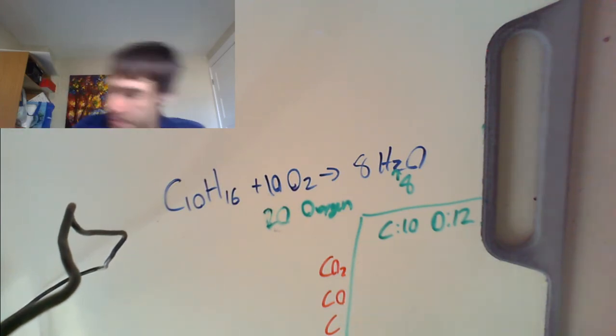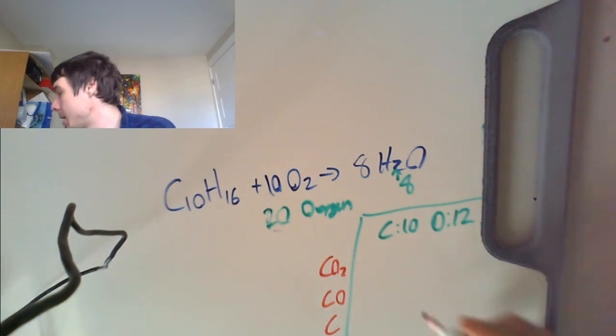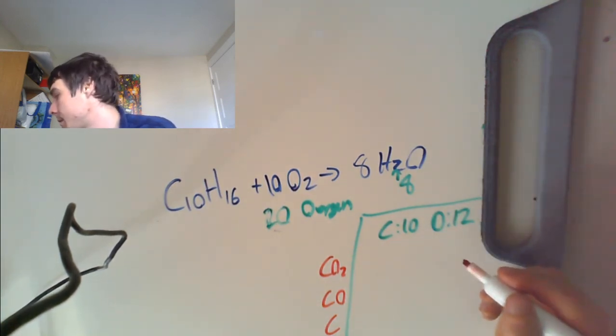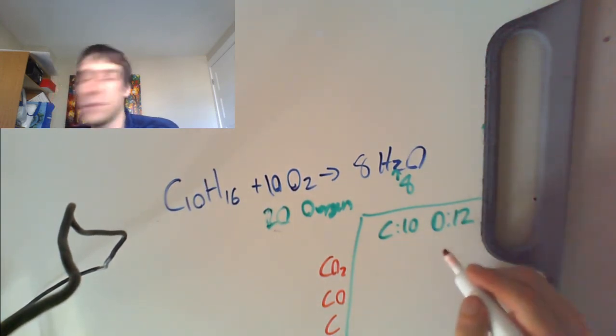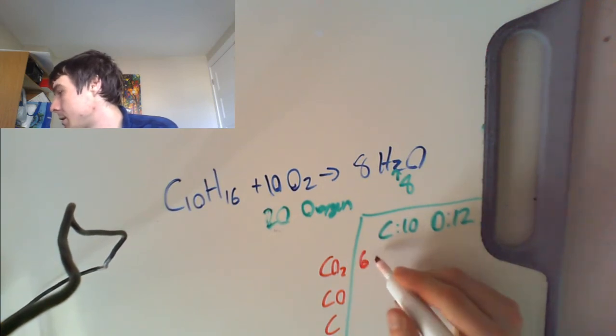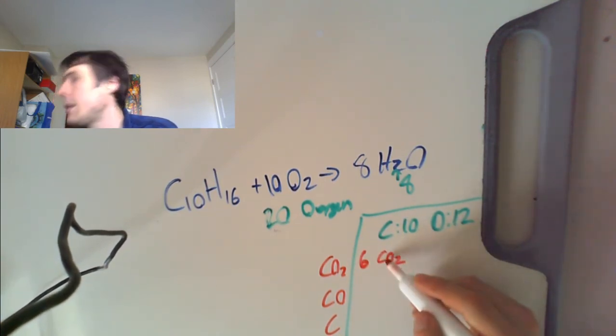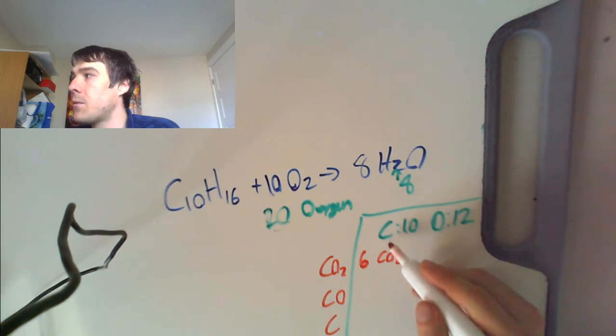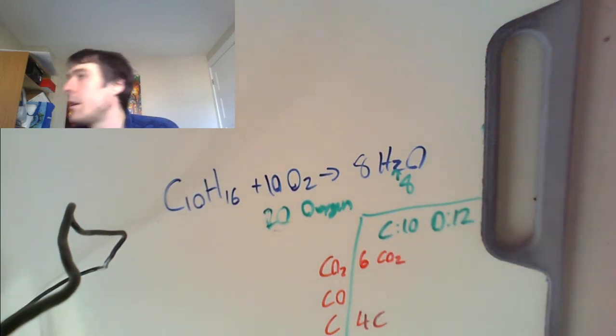So what are some options? Let's use all the oxygen on CO2. Let's make 6 CO2. That's all the oxygen gone. We still have 4 carbons, so 4 carbon.